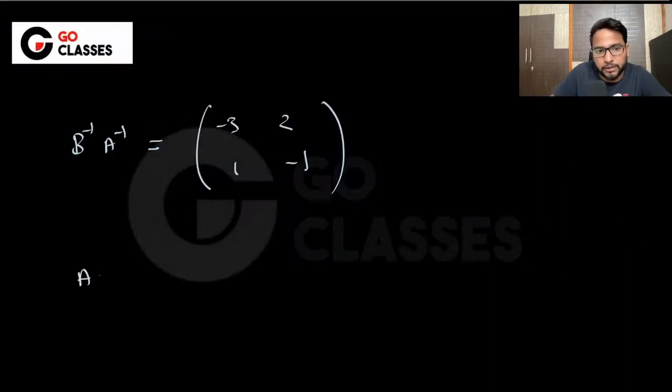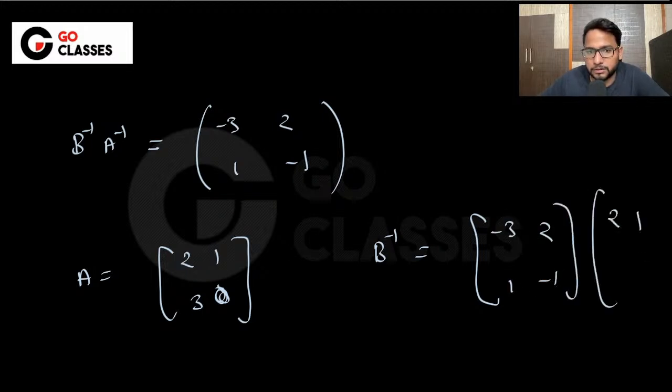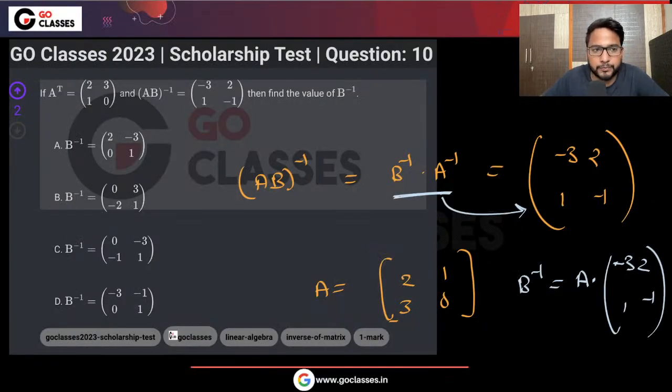Now you can find B inverse by multiplying A here, the post multiplication you need to do, which means -3, 2, 1, -1 multiplied by 2, 1, 3, 0. I think this should give you the answer. Yeah, post multiplication. Sorry, here it is post multiplication. Yeah, that's correct.